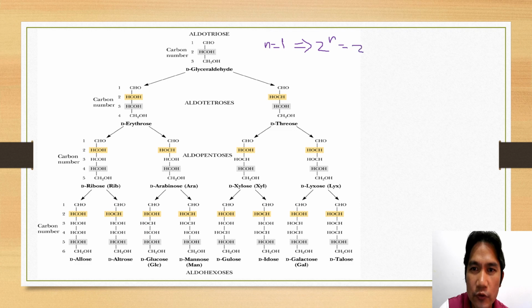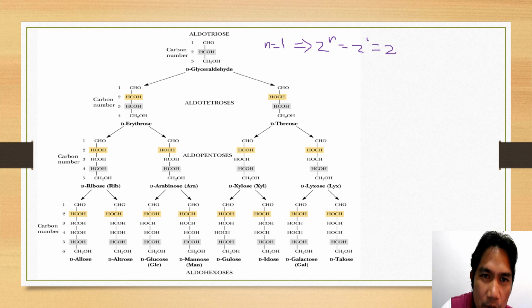So 2 raised to 1 is equal to 2. So for an aldotriose, there are two possible arrangements of atoms. So what are those two?